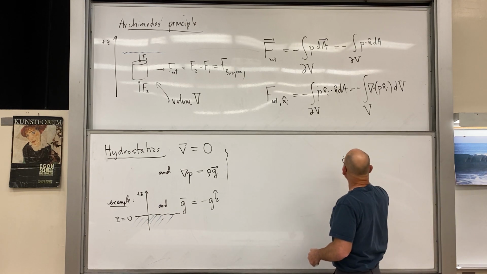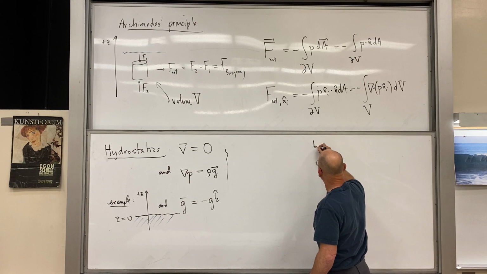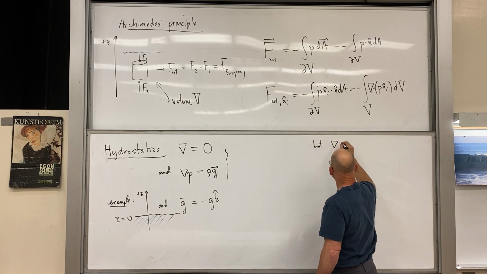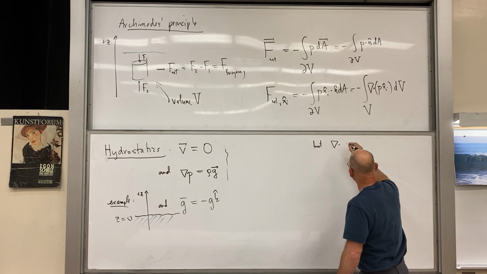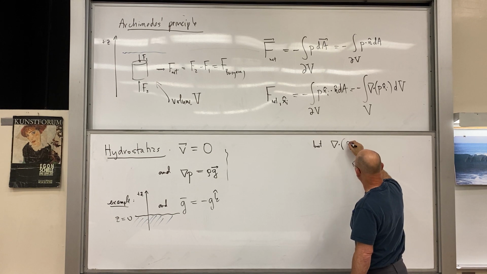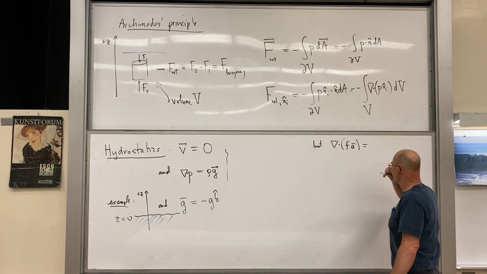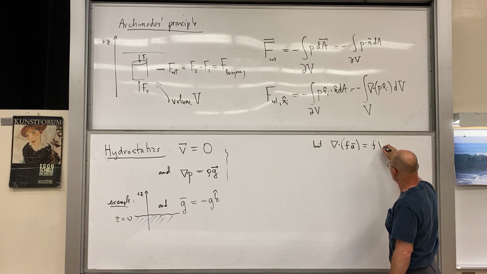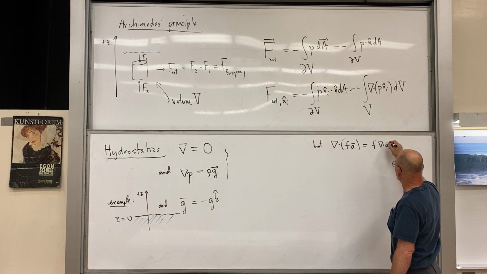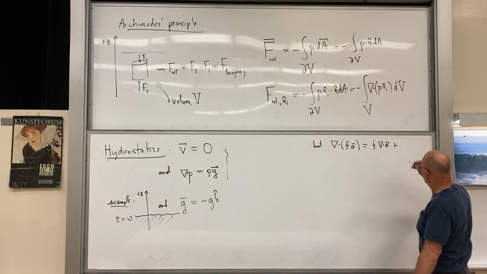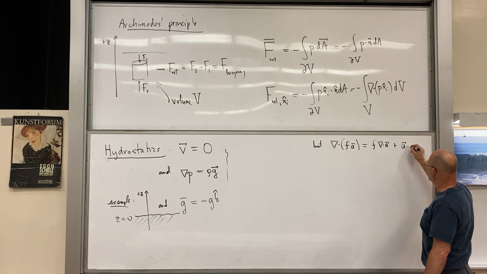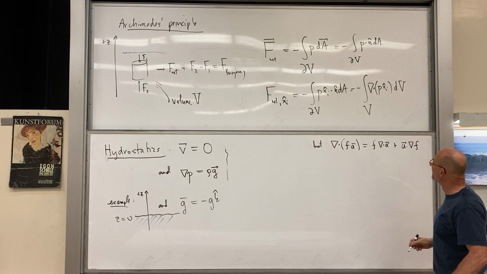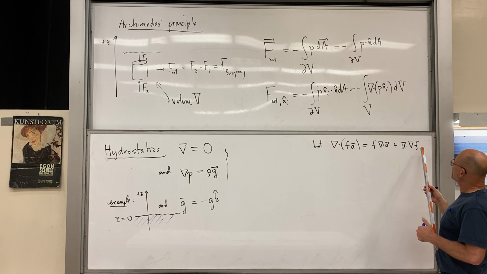So when we do the divergence of a scalar times a vector, we find that that's either f times the divergence of the vector or a dotted into the gradient of the scalar. Okay.